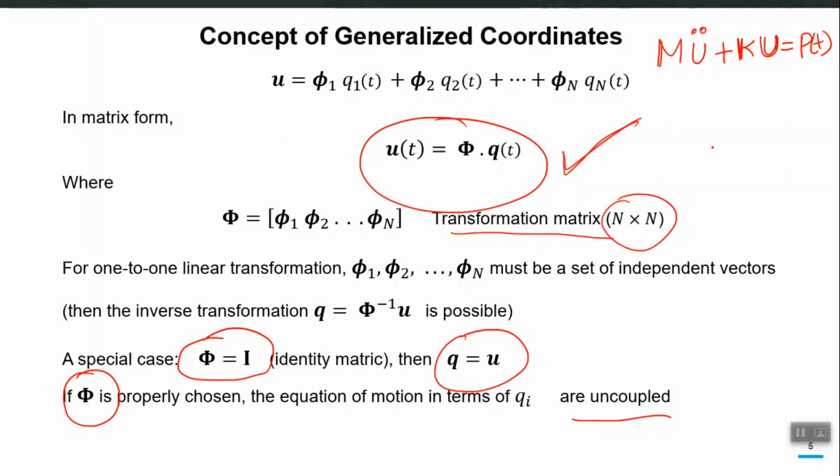The K matrix is coupled. By coupling I mean that it has, for example, K1 plus K2, K2 plus K3. Depending on the connectivity of different elements in the structure, the K matrix will have off-diagonal entries, and therefore coupled terms. Whenever you have K1, the stiffness of the first story, you also have K2 in the same equation, and maybe K3 plus K4, K1 plus K3; these terms will appear in your K matrix.